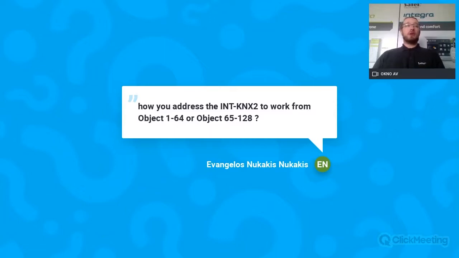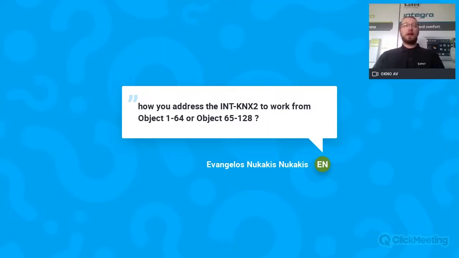How do you address INT-KNX to work from object 1? Not exactly. You have INT-KNX-2. The first INT-KNX-2 on the expander bus will take the first 64 objects, and for the second one, the counting is again from 1 to 64.